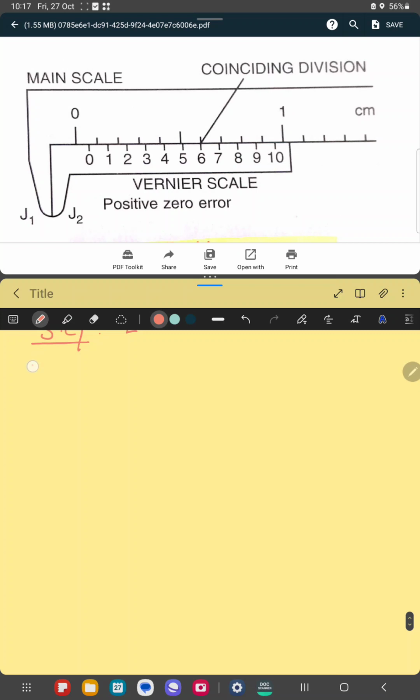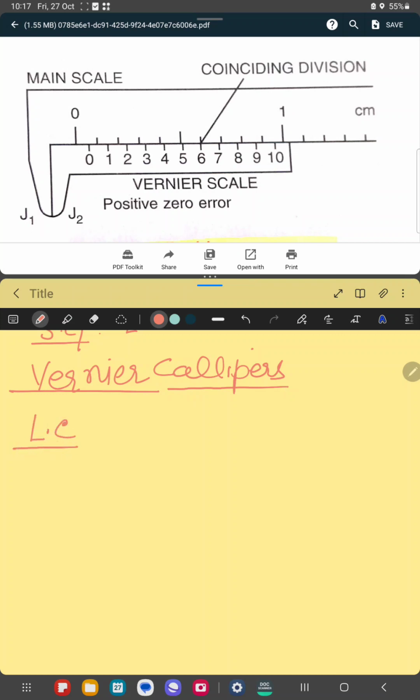So in Vernier calipers, let's quickly calculate the least count.